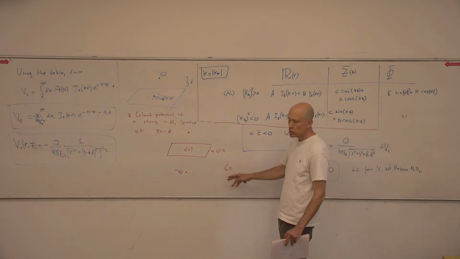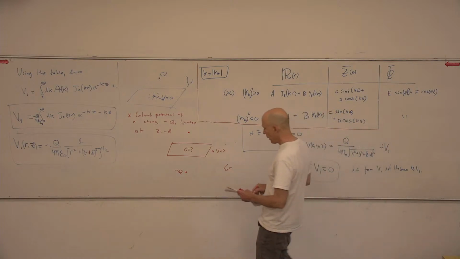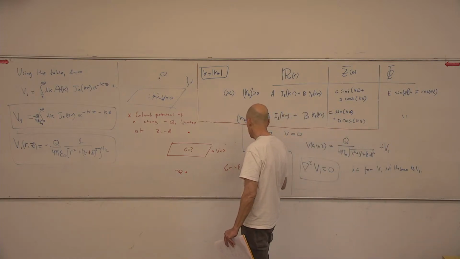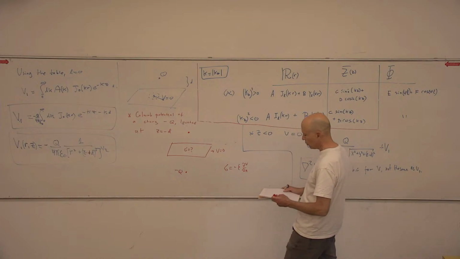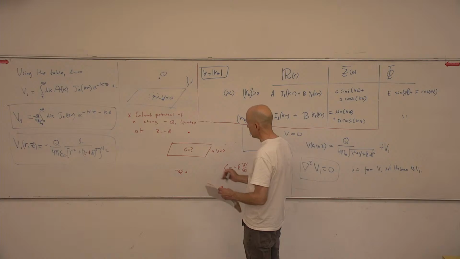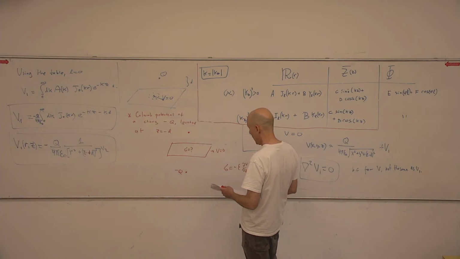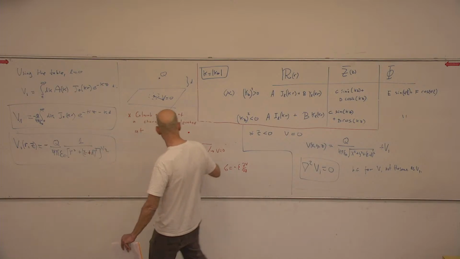Sigma is again charge per unit area. This is the usual definition, and this is given by dV over dn. This n is the vector in this direction, that is normal to the plane, and I know the potential slightly above here.